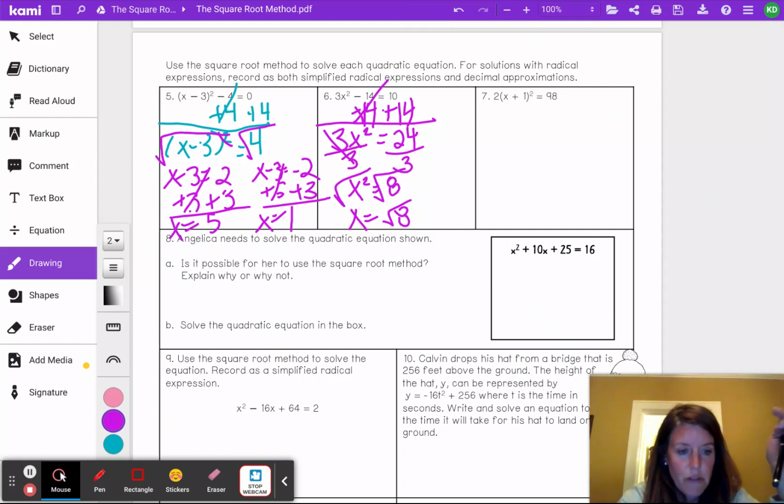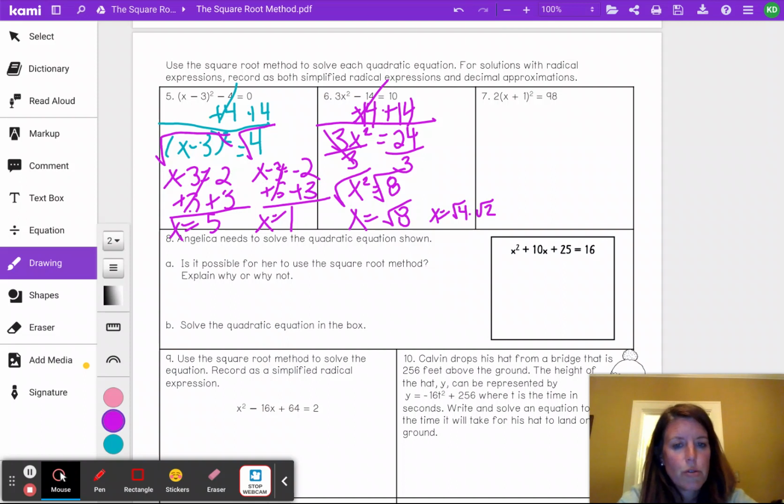What are some factors of 8? 8 and 1, and 4 and 2. Are any of those perfect squares? Yes, they are. 4 times 2, square root of 4 is 2. It's a perfect square. So x equals the same thing as square root of 4 times square root of 2.